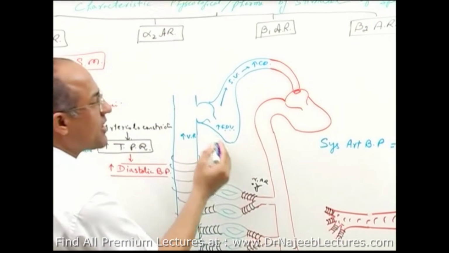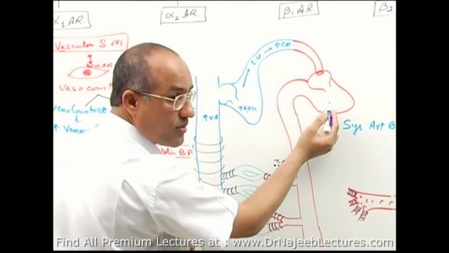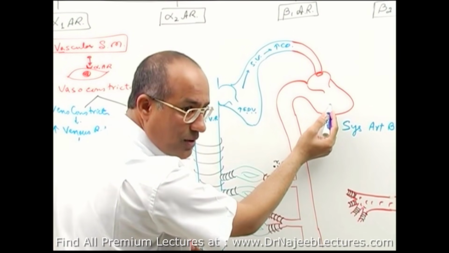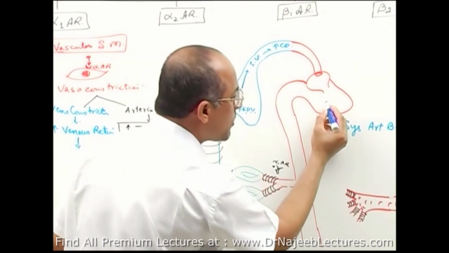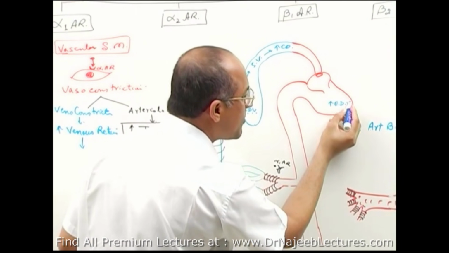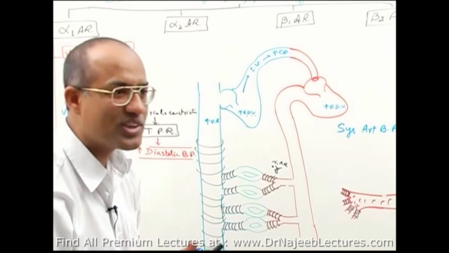And of course, when right heart cardiac output increases, there will be increased venous return to the left ventricle. The left ventricle will also have increased end diastolic volume, and Frank-Starling law operates in the left ventricle also.